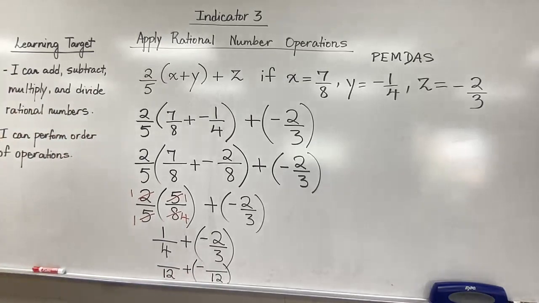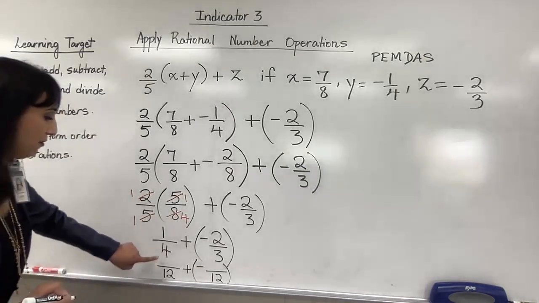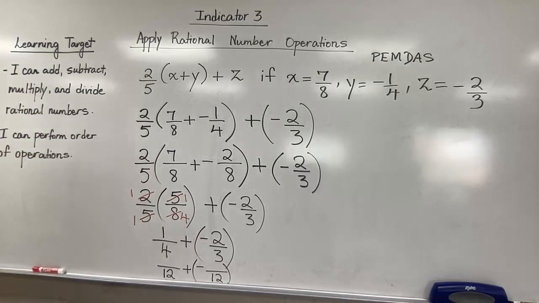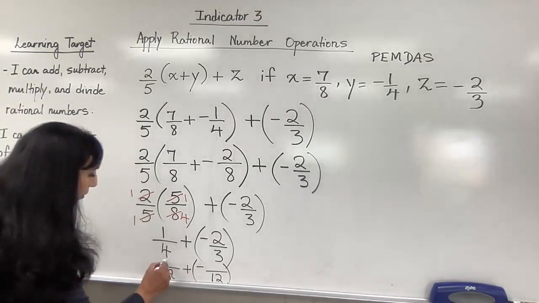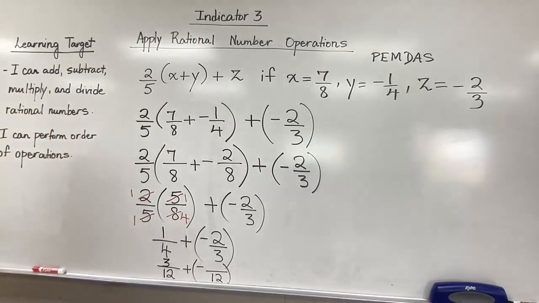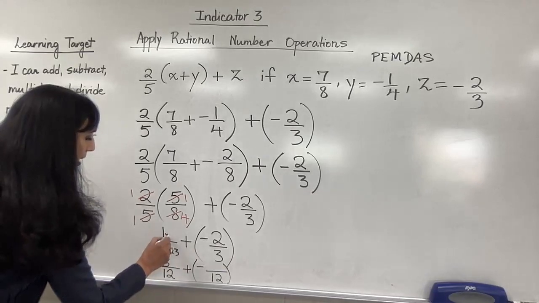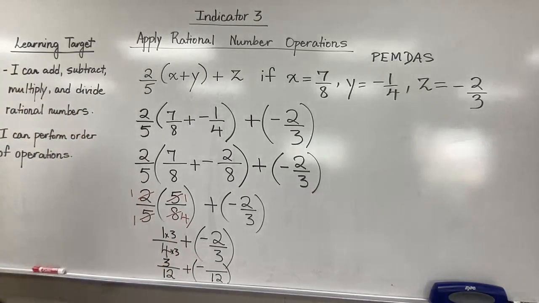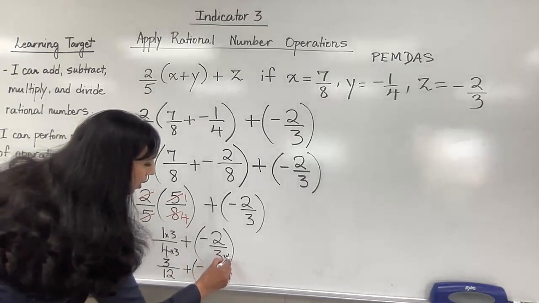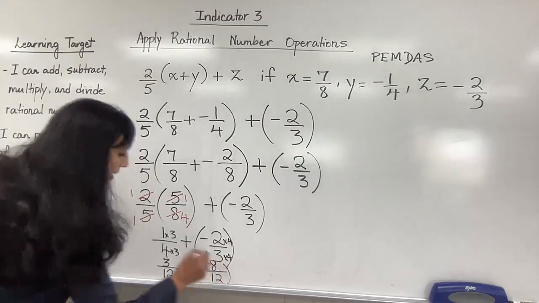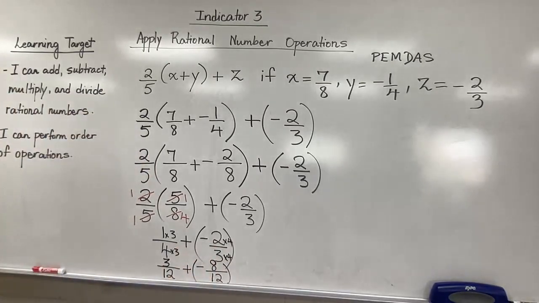Okay. And so I know that 4 times 3 gives me 12, right? And so this is going to be 3/12, and this is 4 times 3, 1 times 3. Whatever I do to the denominator, I do the same thing to the numerator. 3 times 4, so 2 times 4, which is going to be this. Okay.